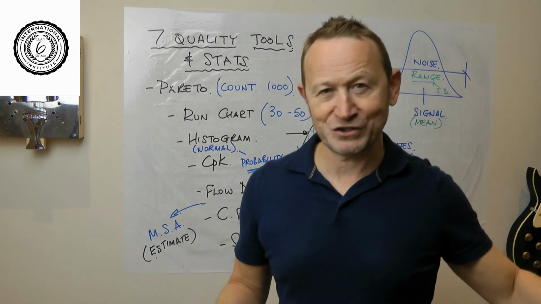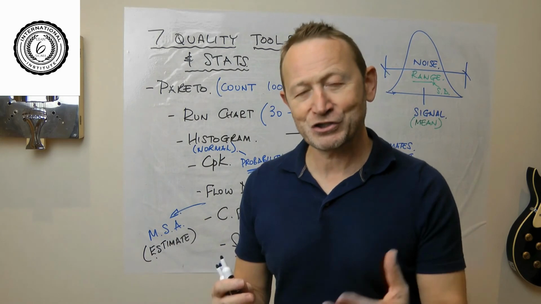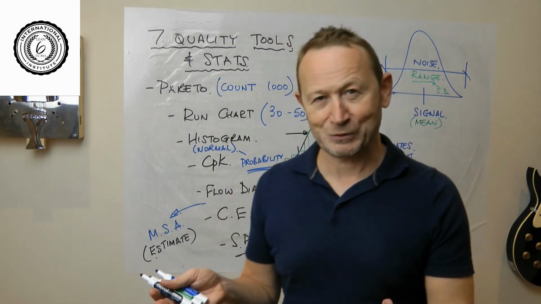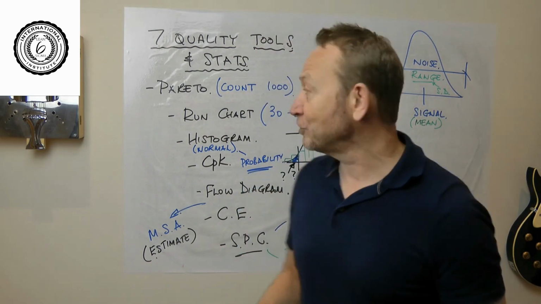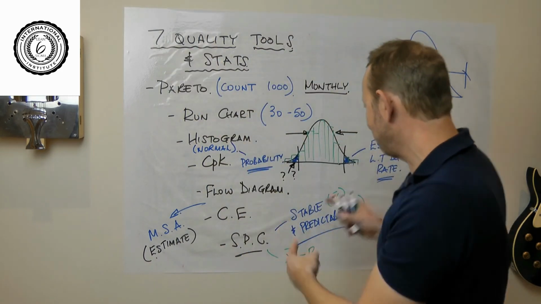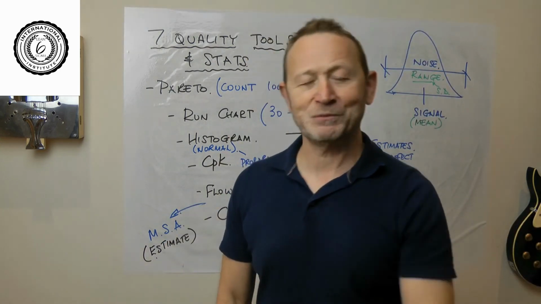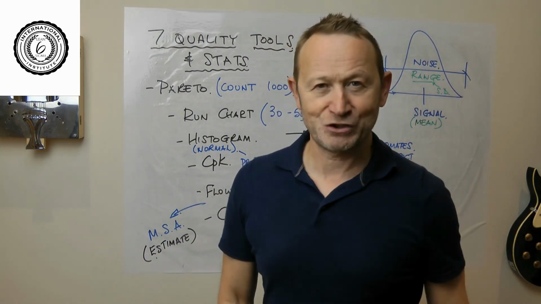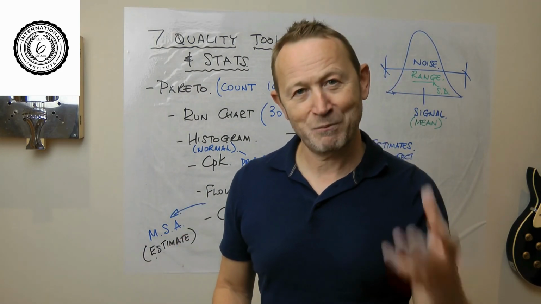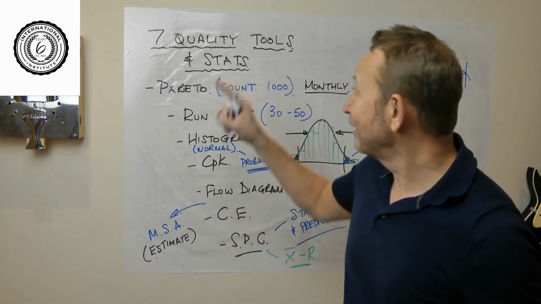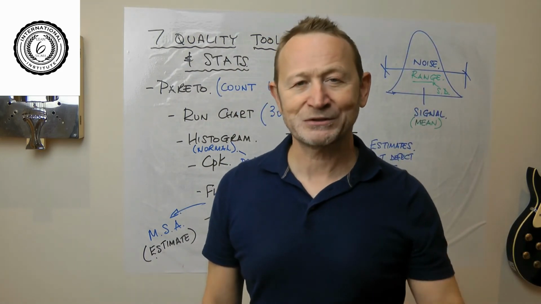I'm not doing lots of mathematics. But if I understand the underlying principles and I use them, I will make much better decisions. I will learn how to get my process to behave itself. I will learn how to get my CPK inside those tolerances, and of course ultimately I'm going to make pots and pots of money. The 7 quality tools with statistics built in.